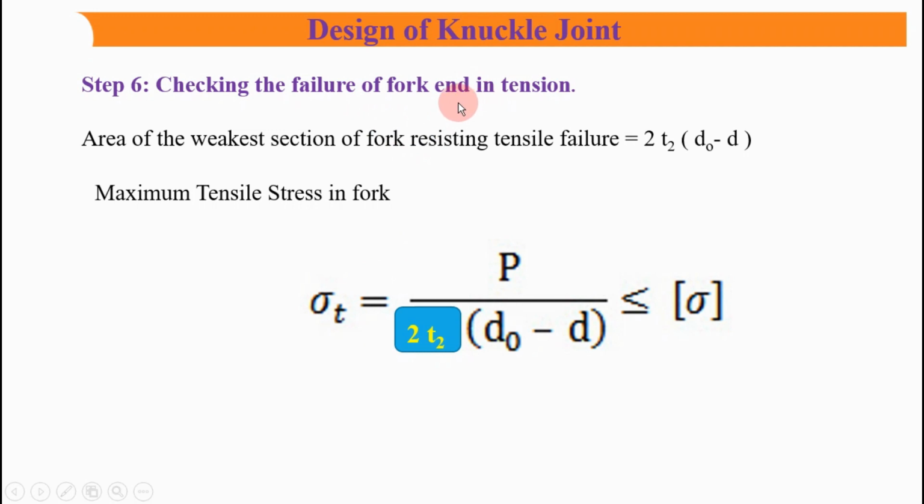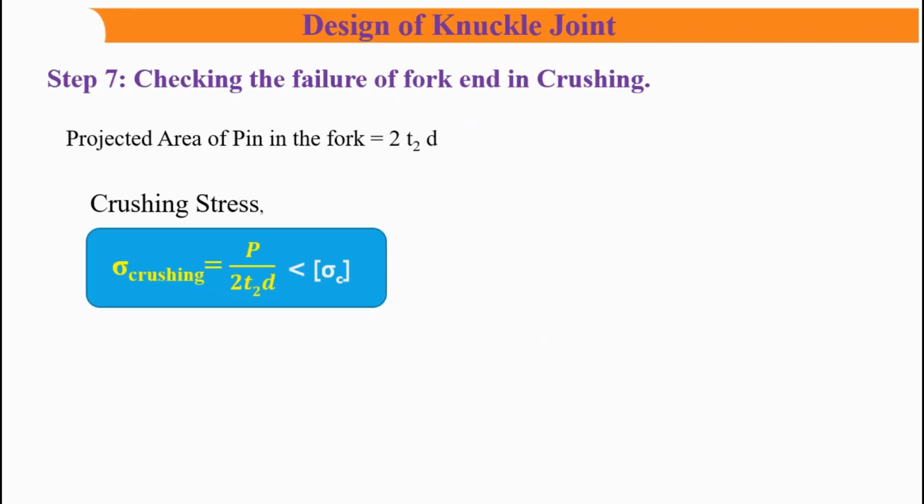Previously we did it for the single eye component, and now we did it for the fork end component. The next step is step number 7. In this step, it is clearly said: checking the failure of the fork end in crushing. Previously we checked the fork end for tensile failure. Now we are checking the fork end for crushing failure.